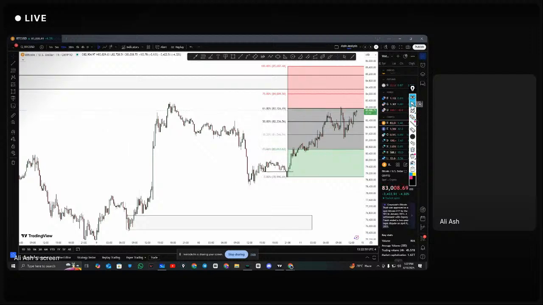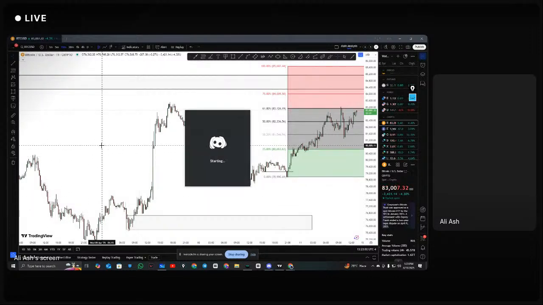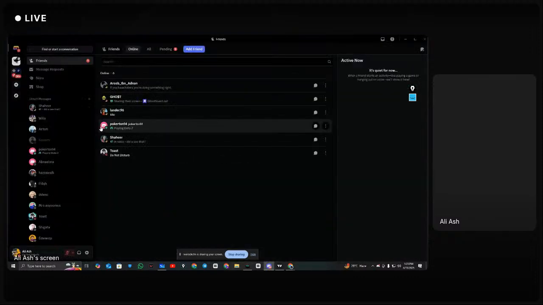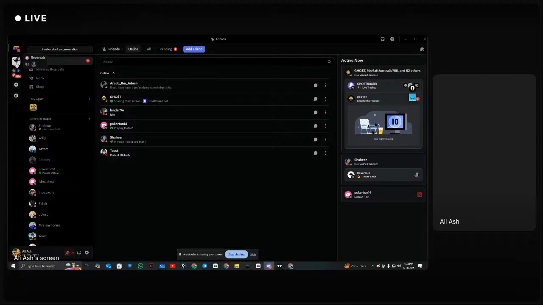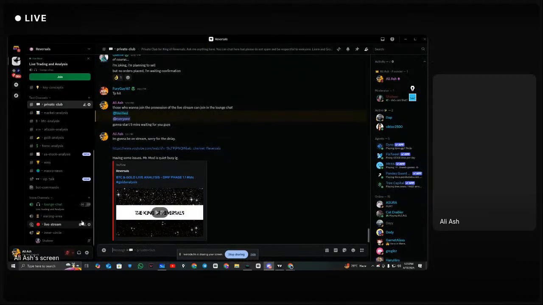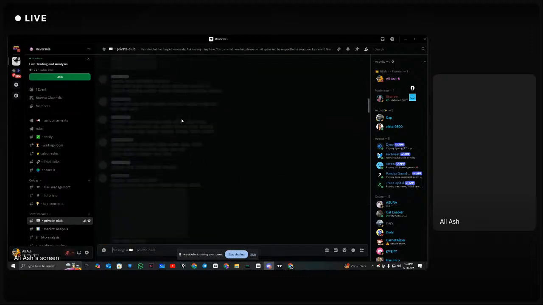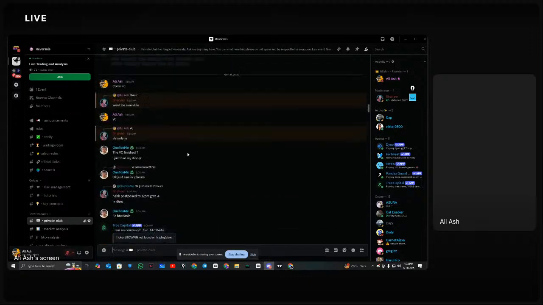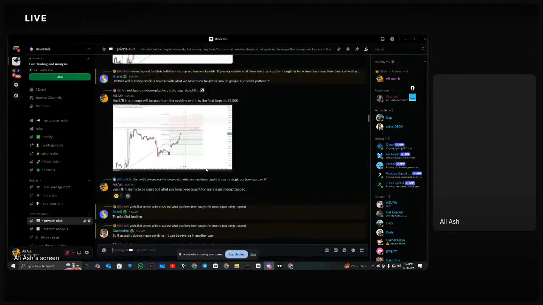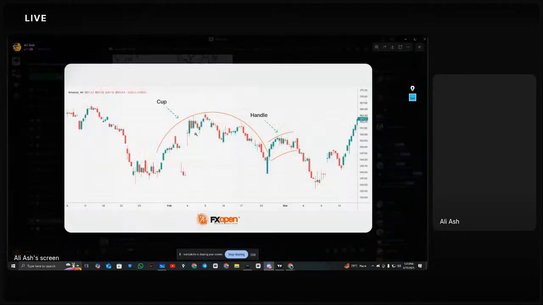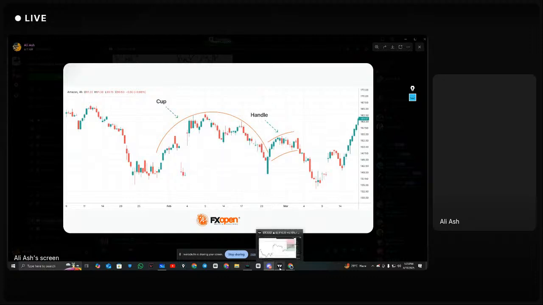So let me share the actual cup and handle with you as well. I shared this earlier on Discord in the morning. Let me see if I can find it. Here we go, I have it.